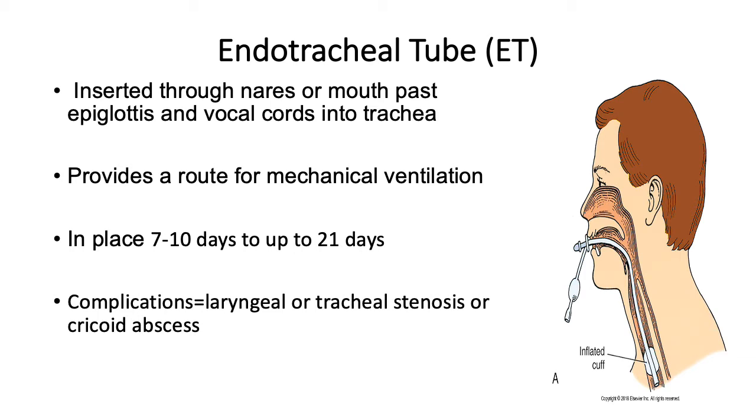It also prevents the escape of air from the mechanical ventilator breaths into the upper airway. So it ensures that when the patient's connected to the ventilator, those breaths will actually get down to the lungs and won't be lost into the airways around. So they get the amount of air and the pressure that they need to keep their airways open.